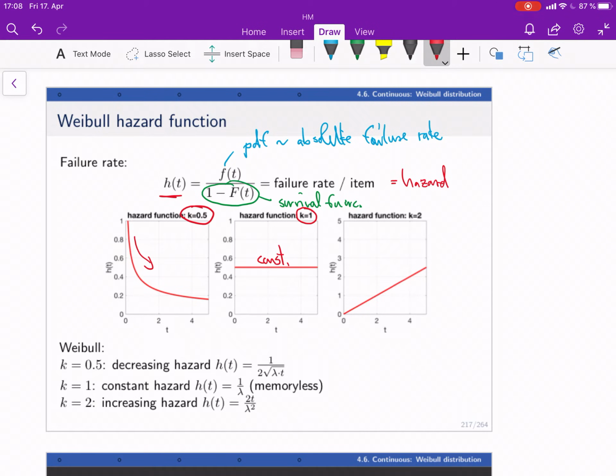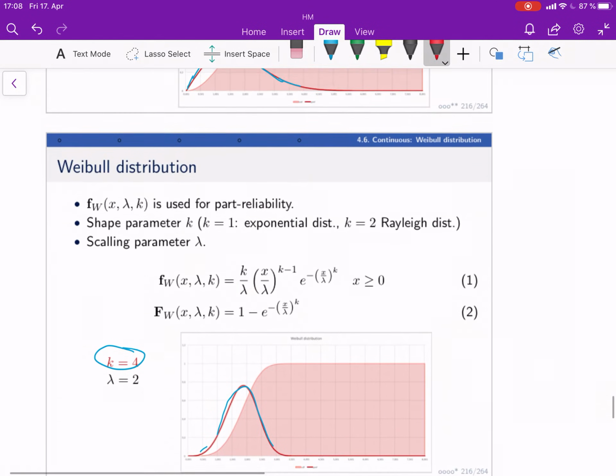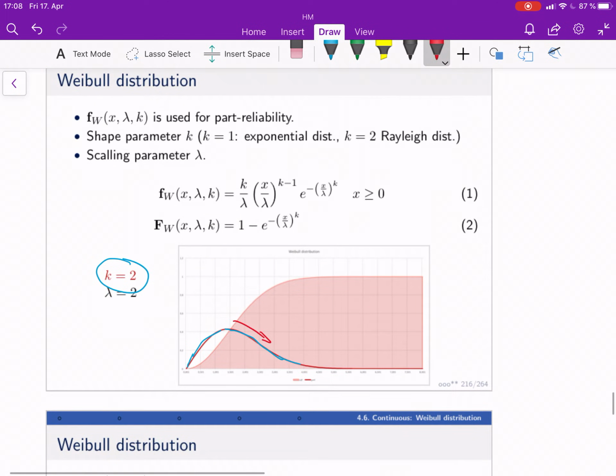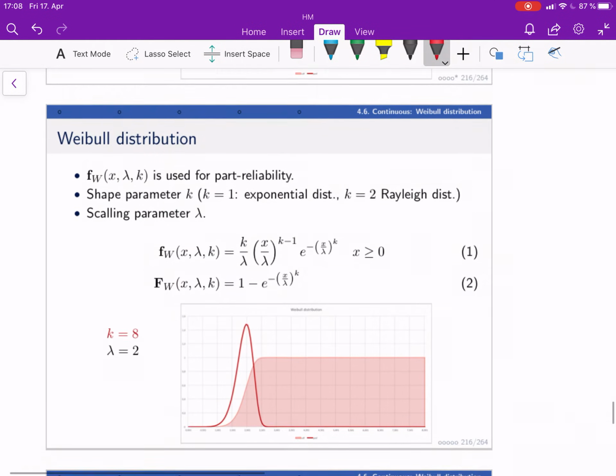And for k equals 2, we get an increasing hazard, and that's interesting, a linearly increasing hazard, because what we saw for k equals 2 was the PDF, I mean, it goes up in the beginning, but then it has a distinct decrease in the second part. That's because there's not many parts left.